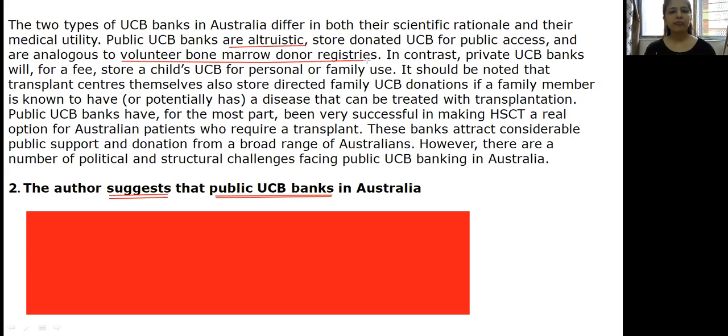That means they work for the benefit of people. Then the writer says, in contrast... So here you can see clearly that the writer is against private banks. But the question is asking about public UCB banks. And when it comes to public UCB banks, the writer is in favor.